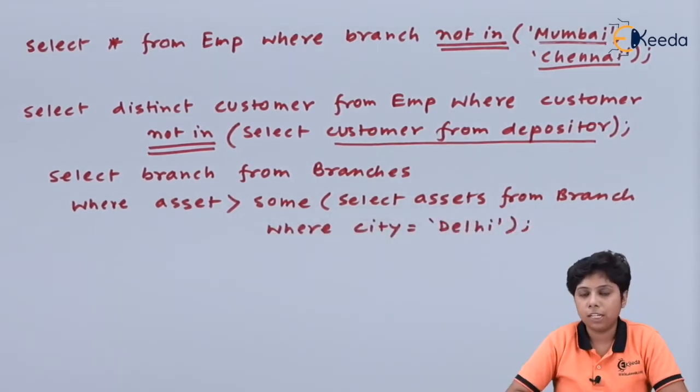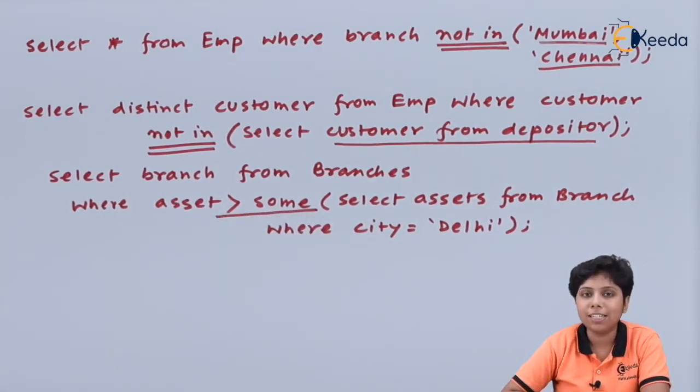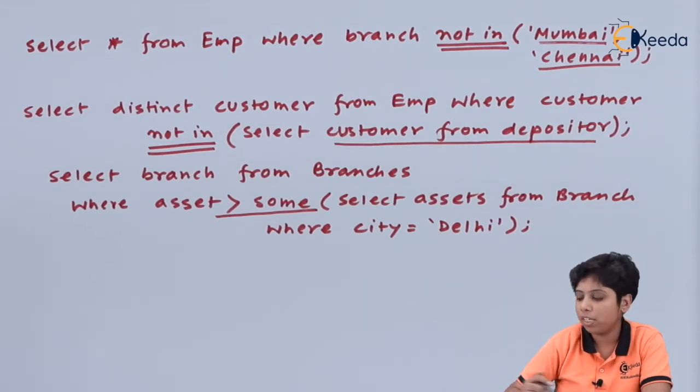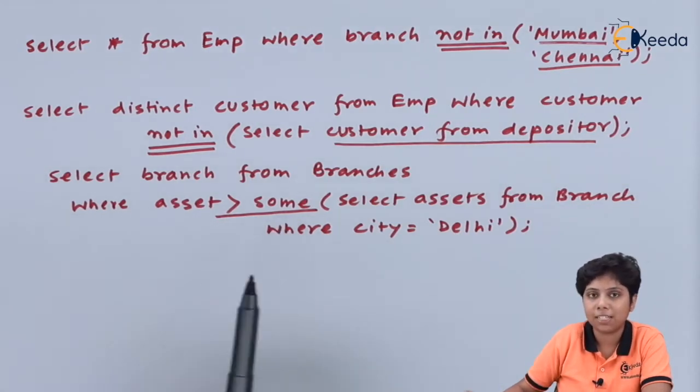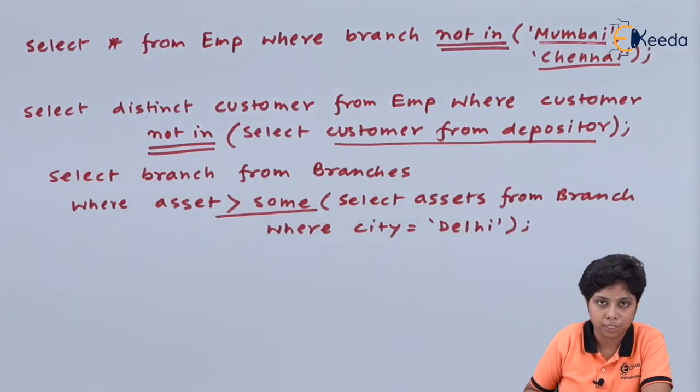Here we are using an operator that is greater than some. The greater than some operator means greater than at least 1. As it is a set comparison, we are dealing with a set, so we can say that greater than some means greater than at least one of the values in the set comparison.